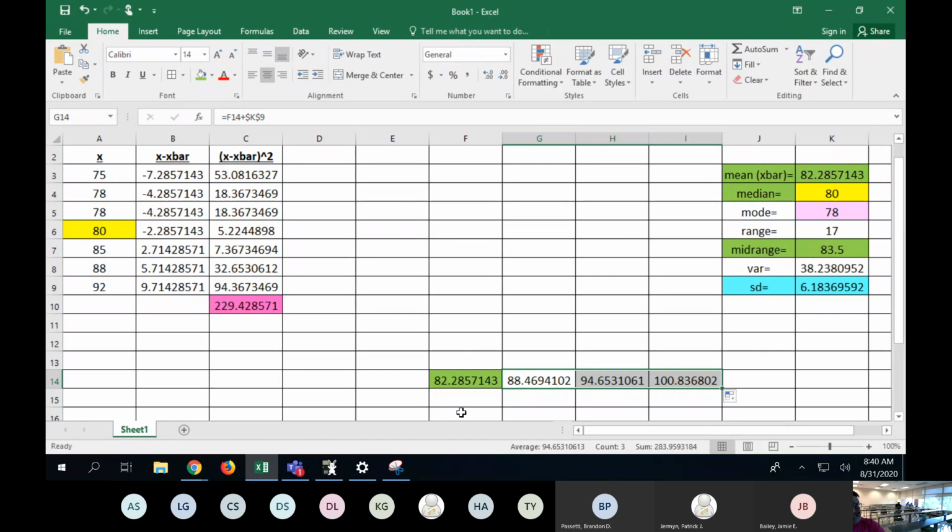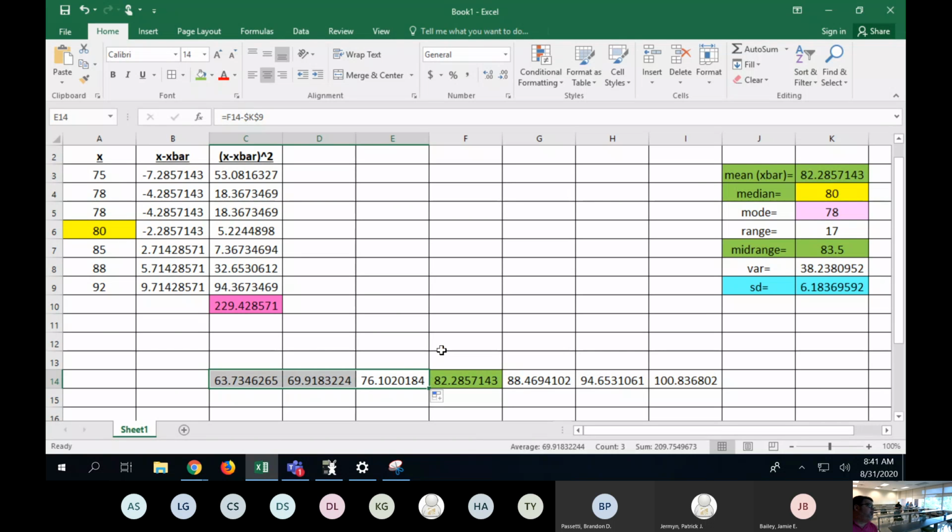Now, what do we do on the left side of 0 on the number line? Add or subtract? Okay, well, if we add on the right, then what do you think we're going to do? We're going to subtract. So I'm going to take that 82 and I'm going to subtract that. And I'm going to lock it because I want to copy over. And I'm going to copy over 2 places to the left.